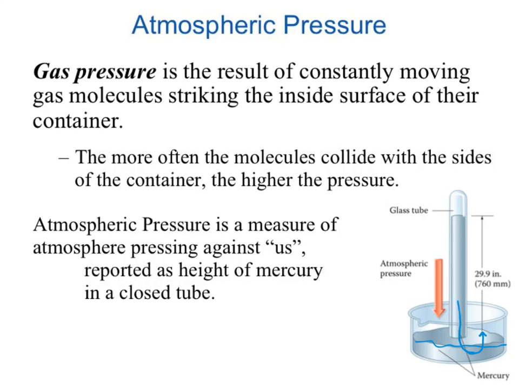So for the liquid within that tube to stop falling, what has to happen? Something must be pushing on the outside to keep the liquid from falling out. What is that something? That is the pressure, and in this case, that is your atmospheric pressure.